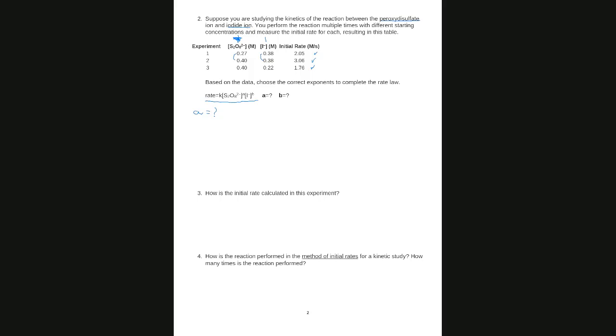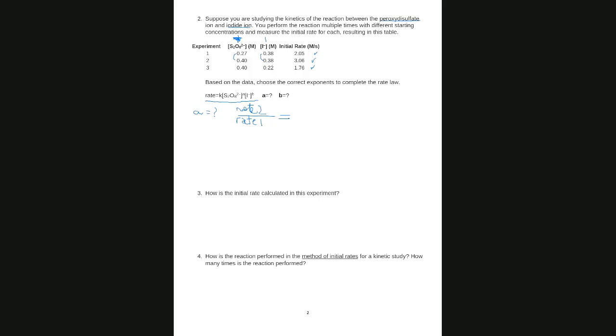Okay, so then if I divide rate 2 divided by rate 1, what do I get? The K cancels, right?